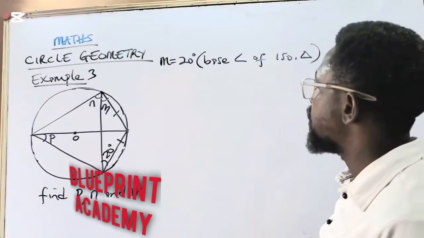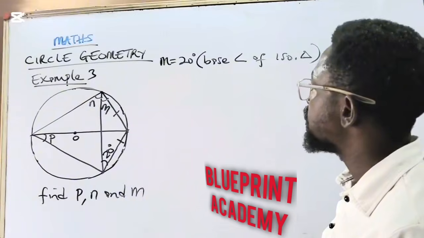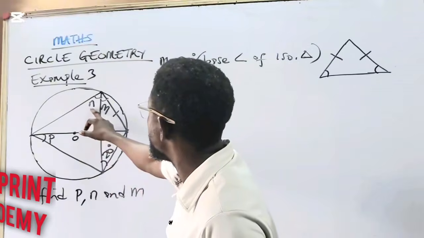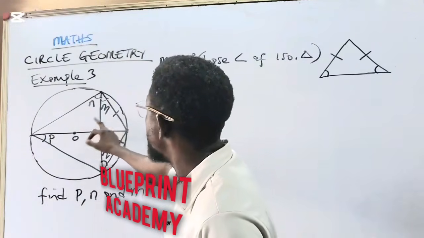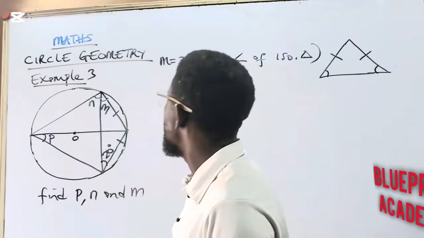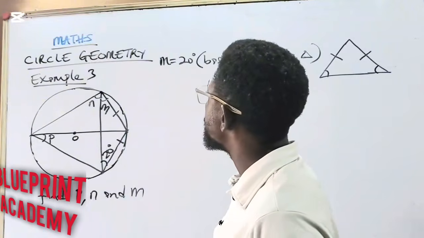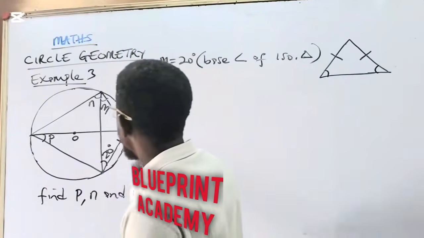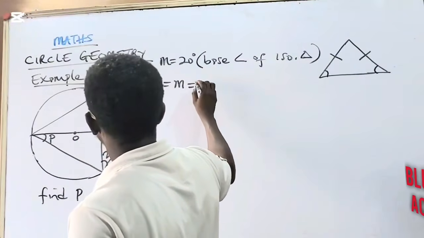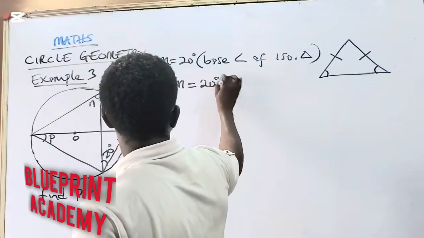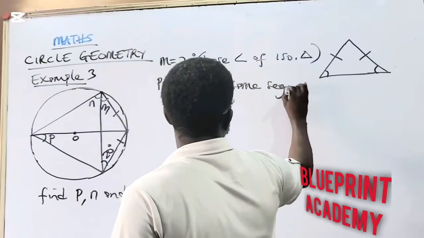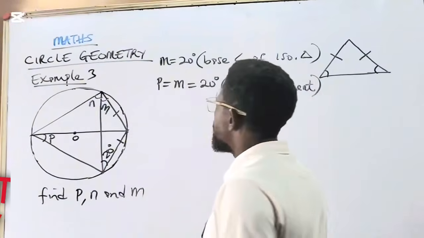Now that I have that, the next thing I will get is N from there. Mind you, M and P are in the same segment. So P equals M equals 20 degrees, same segment.